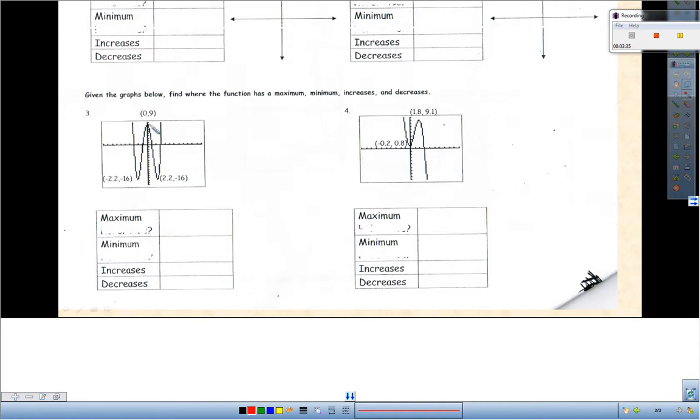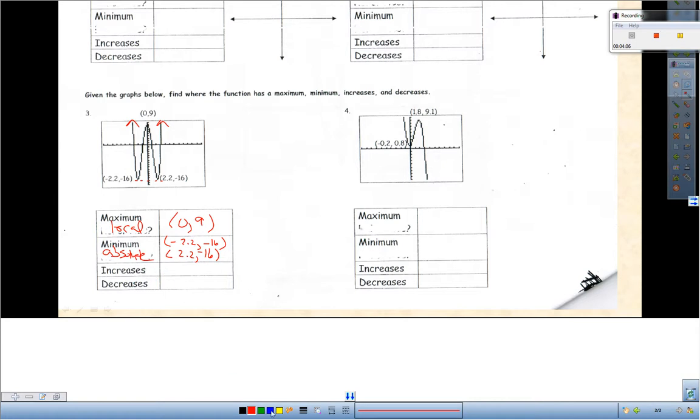I do notice that the point 0.9 is a maximum, but notice that the graph keeps on going up, so this will not be an absolute maximum, it will be a local maximum. My minimum, I have two of them. I have -2.2, -16, and I have +2.2, -16. Notice that the graph doesn't go any lower than these points, so this is what we call our absolute minimum.